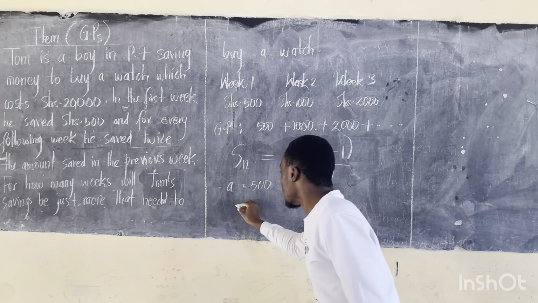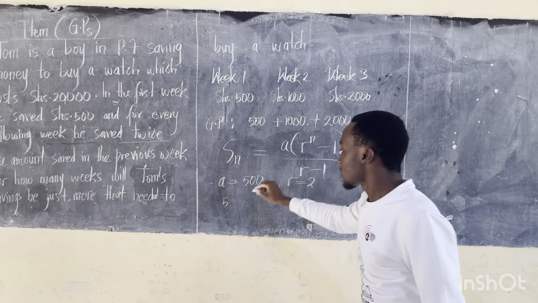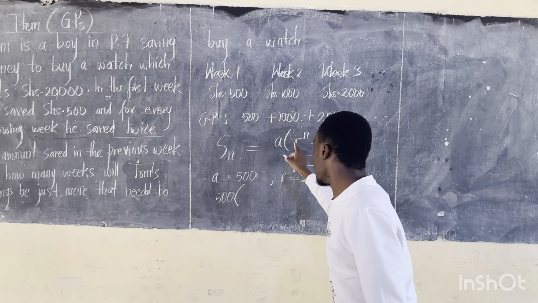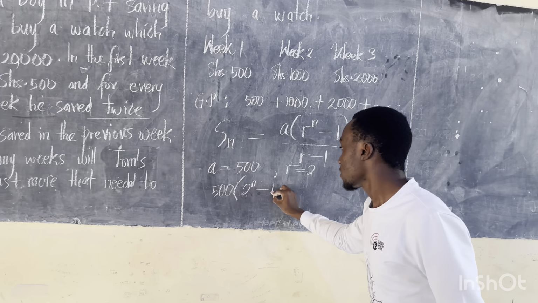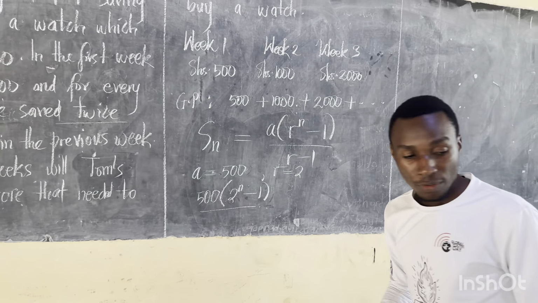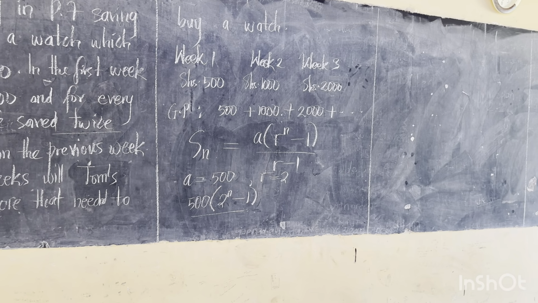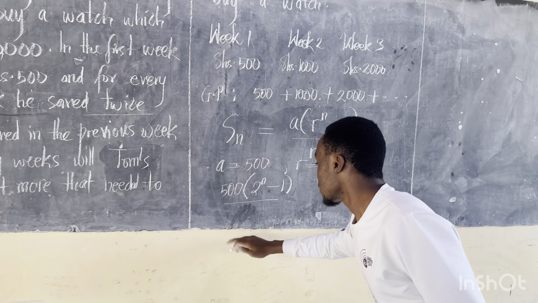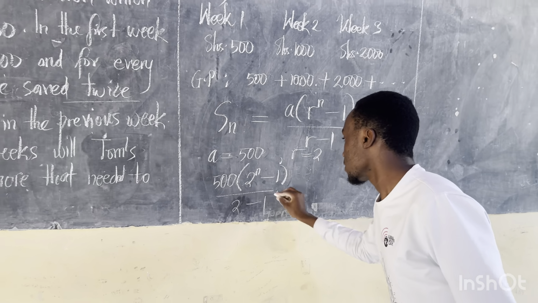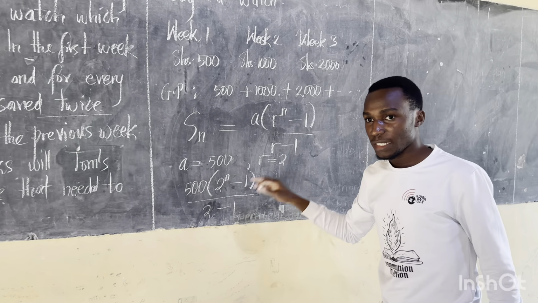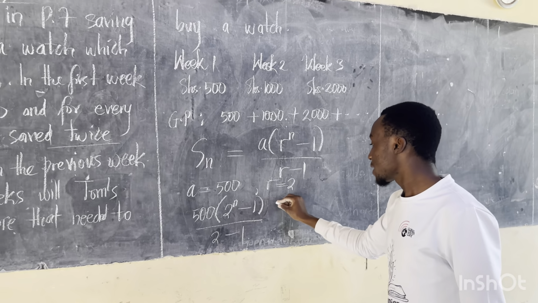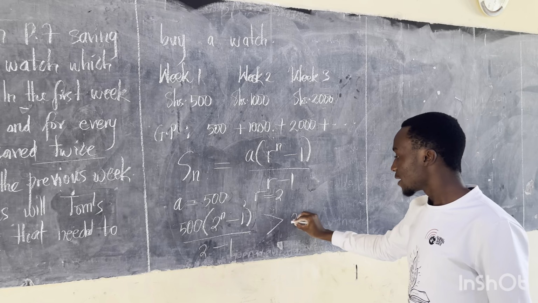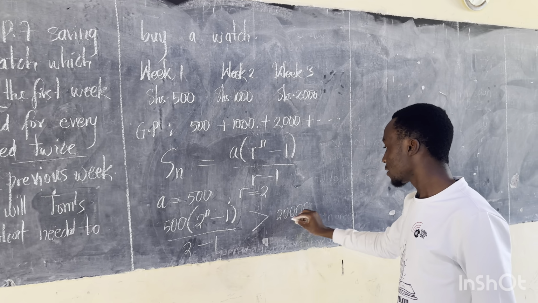So the summation is 500 into 2 to the power n minus 1, over 2 minus 1. Our summation of the money in these weeks should be just more than 20,000. At what point will it be just more than the 20,000?